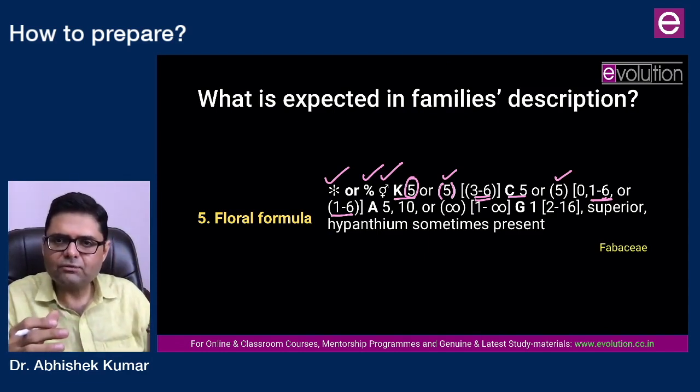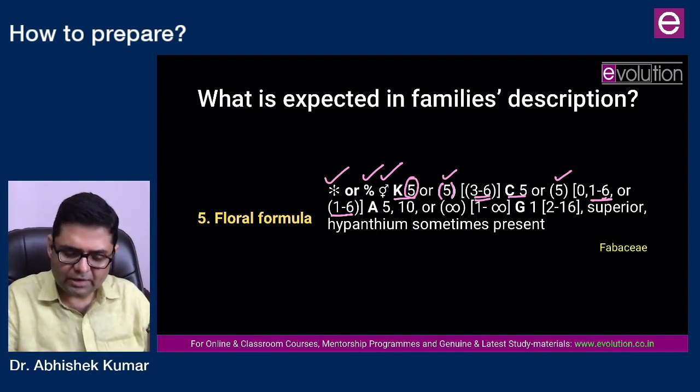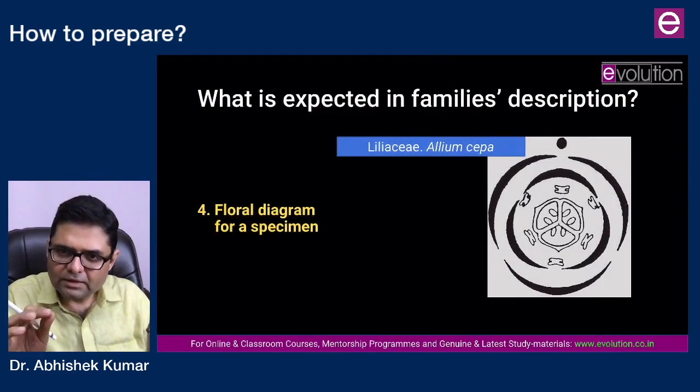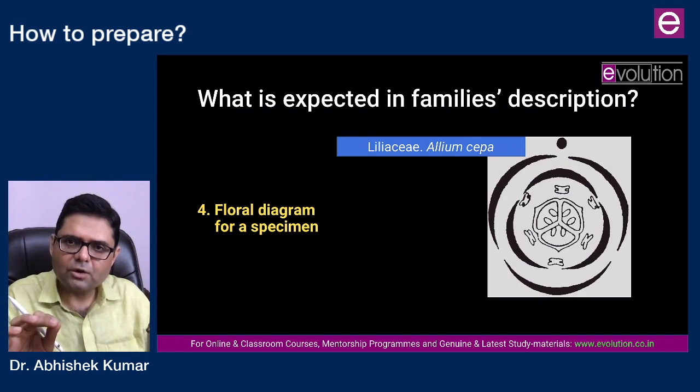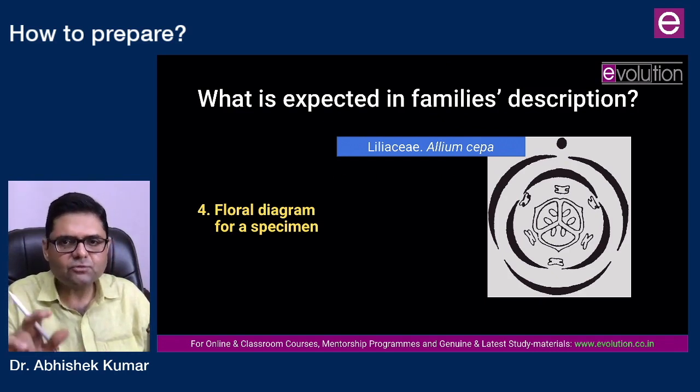Once you have done the floral formula, you are now ready to draw a floral diagram. Remember, while you can write floral formula for the entire family, because the formula gives you the liberty to mention the range and everything, a floral diagram needs to be for a specific species only.